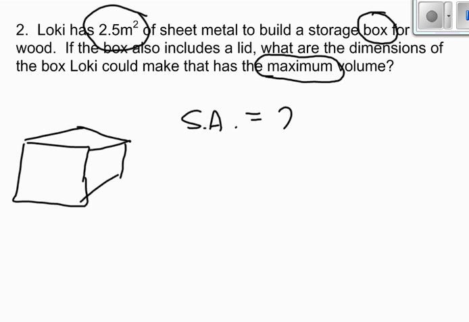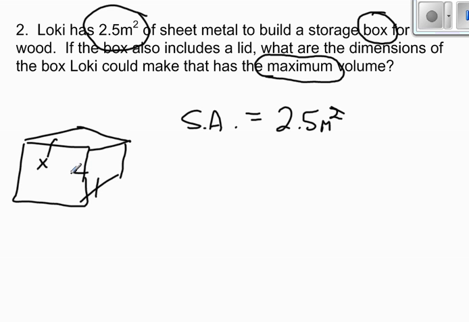So the surface area is 2.5 meters squared. Because when you make a box out of sheet metal, you don't fill in the box with sheet metal, you just create the outside surfaces. So the surface area is 2.5 meters squared, and the question is, what are the dimensions? What is the length, width, and height that will give me a maximum volume?